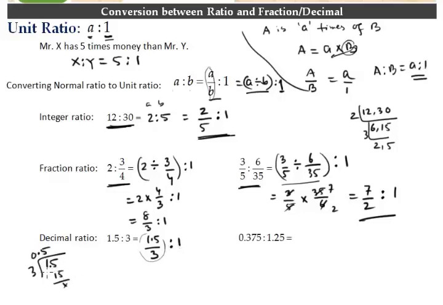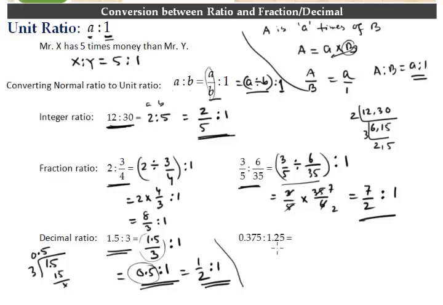So it will be 0.5. So it is 0.5 ratio 1. This is the unit ratio corresponding to this, and if we convert this decimal into a fraction, then we get half. So this is the unit ratio corresponding to this given ratio.